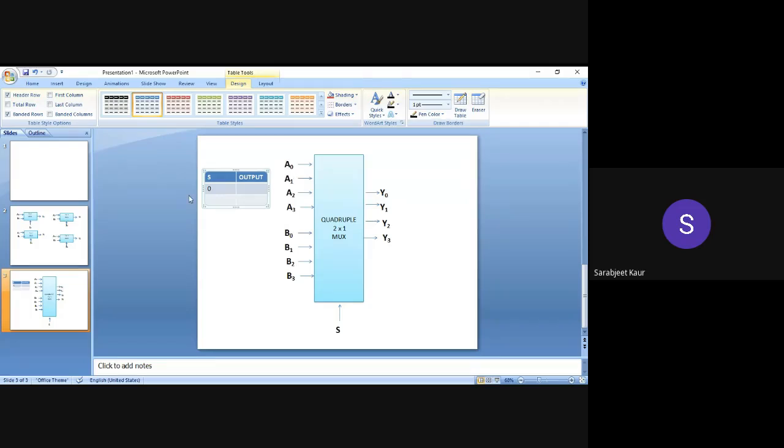The output should be A0 connected to Y0, A1 to Y1, A2 to Y2, A3 to Y3.